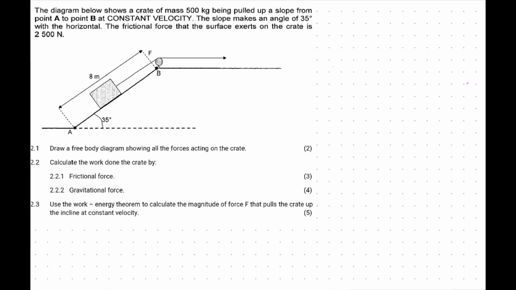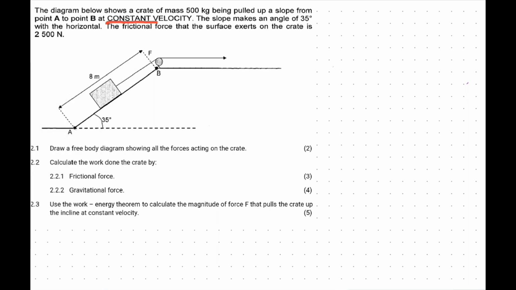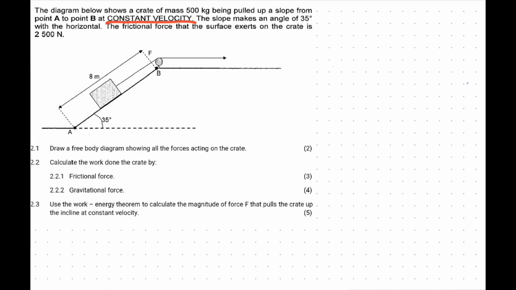Guys, the moment you see that word there, constant velocity, that's a key word. It's going to help us solve the puzzle. Slope makes an angle of 35 degrees with the horizontal. Frictional force is 2,500. So they're asking us to draw a free body diagram.